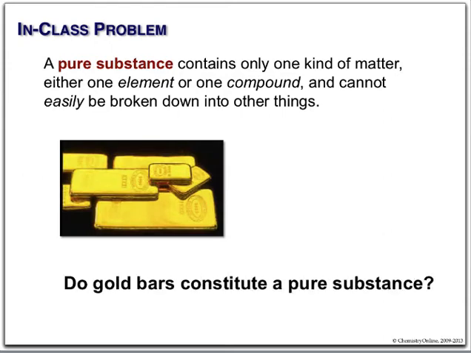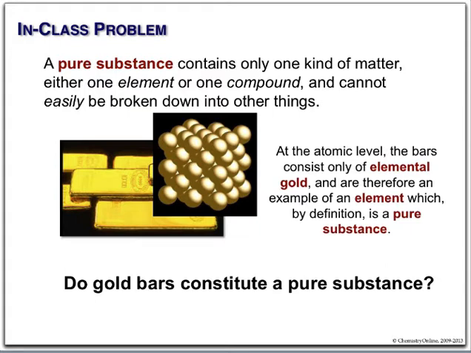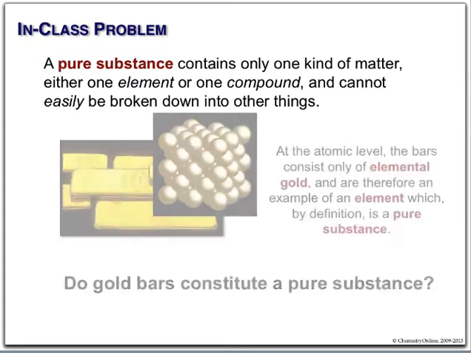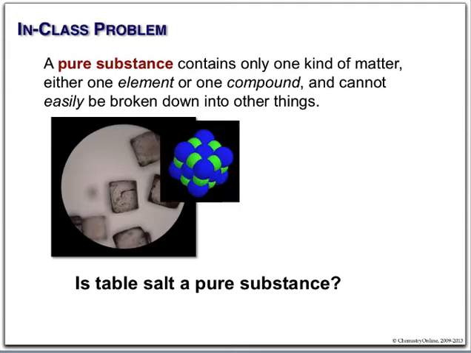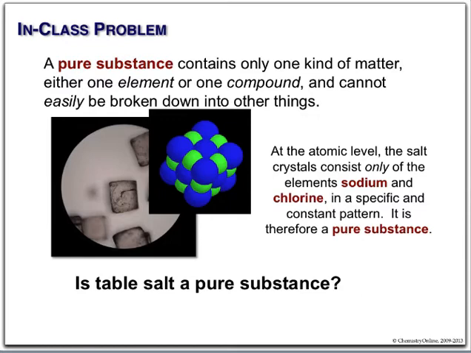Well, these all look different, but on an atomic level, it's nothing but gold atoms. It's an element, and it's a pure substance. Table salt. Little crystals of table salt all look different, but they only contain sodium and chlorine atoms. It's a compound, and therefore it's a pure substance.